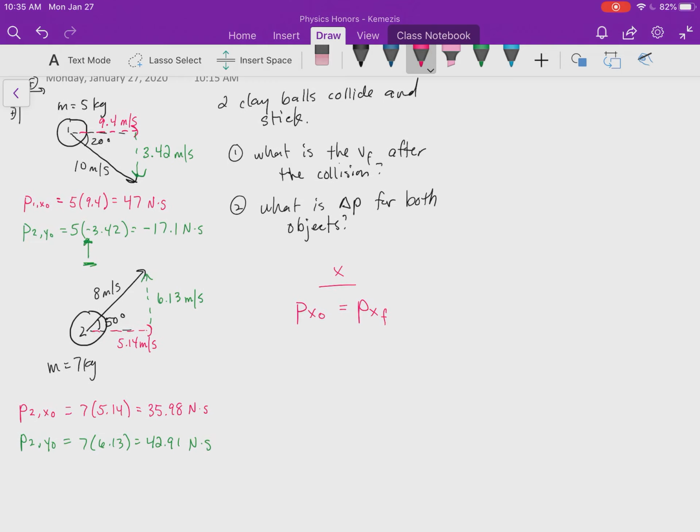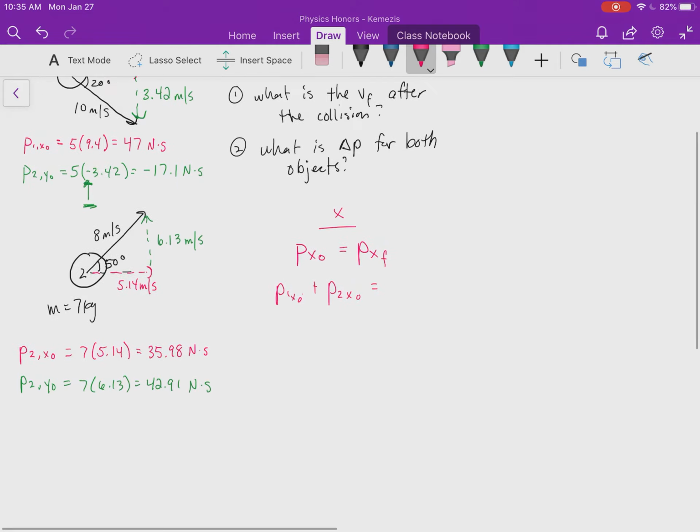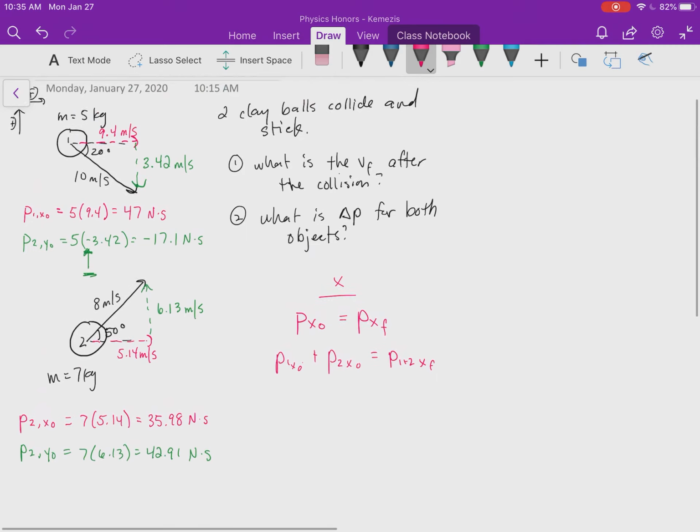So we have two momentums in the x direction before the collision, p1 x naught and p2 x naught, and that is going to be equal to the momentum. There's only one object after the collision, p1 plus 2 xf.